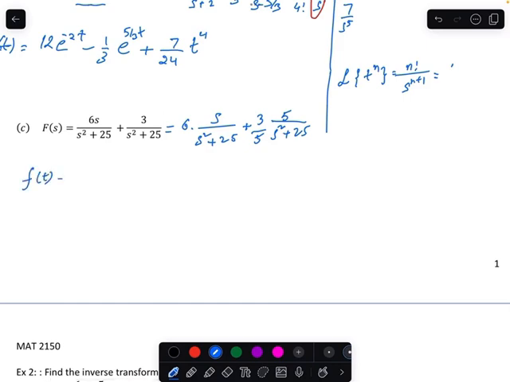So little f of t will be 6 times cosine 5t plus 3 over 5 times sine 5t. So that's it. Now these were pretty simple examples. We are now going to get into a little complicated and then a little more complicated ones in the next videos.